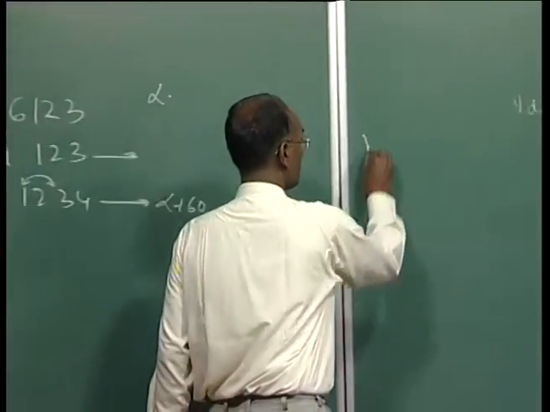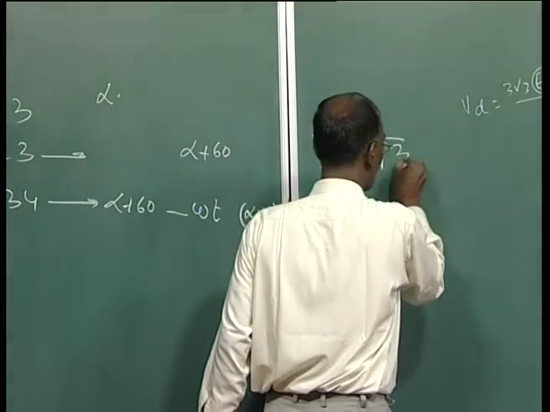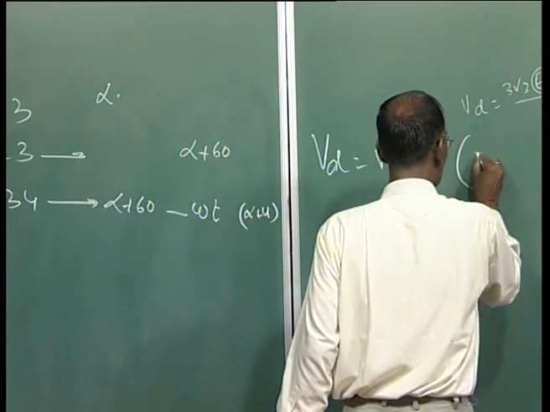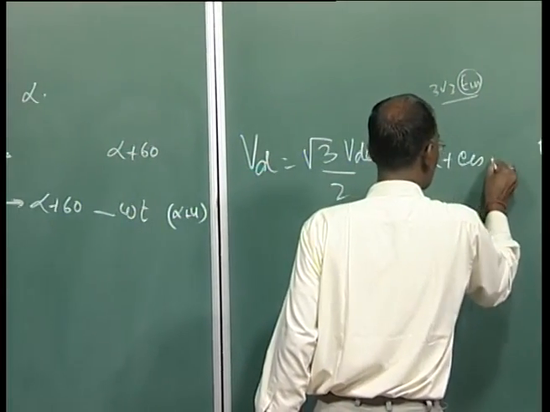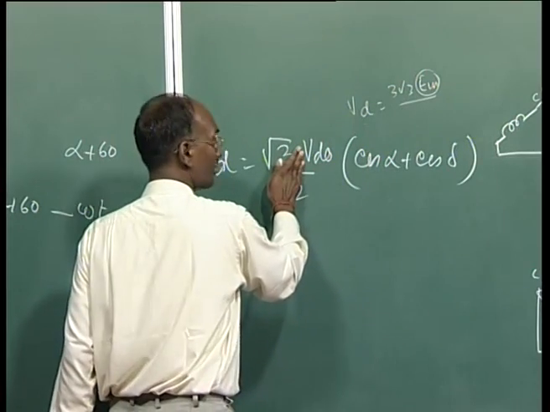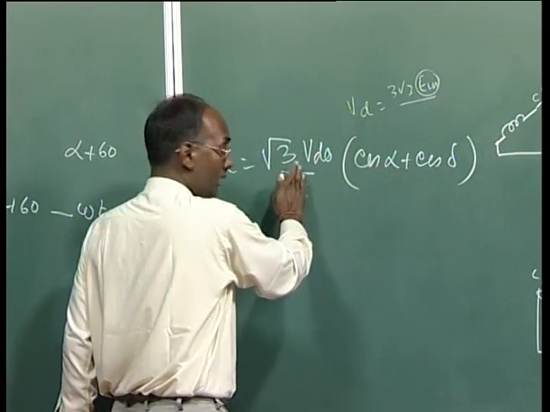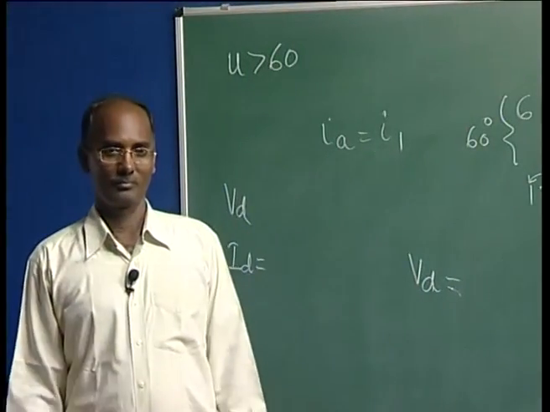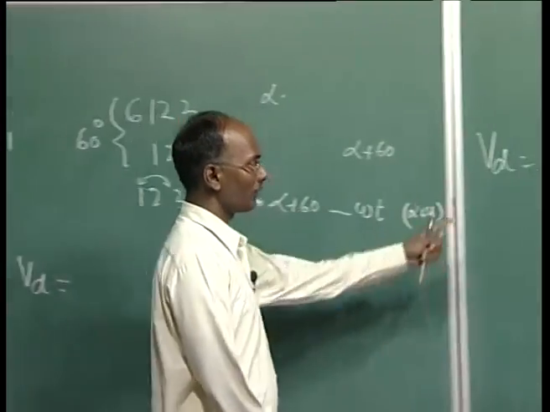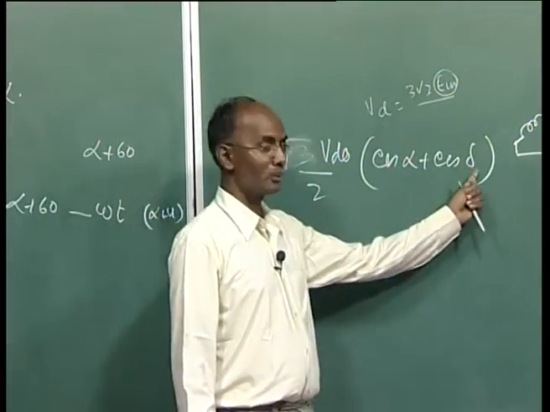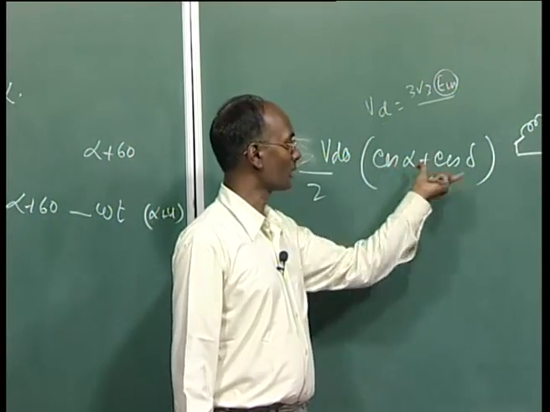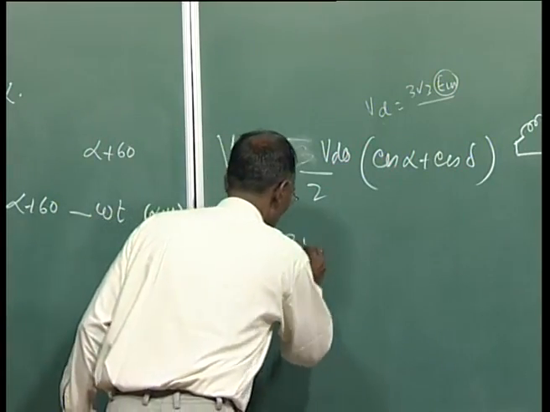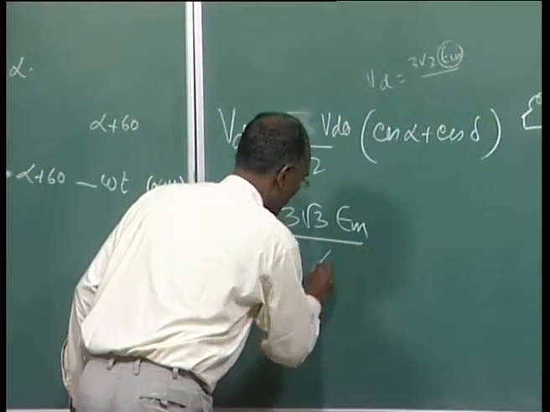If you remember, it was V D O by 2, cos alpha plus cos delta, it was not under root 3. Here V D U is the average of this, nothing else. If you put u equal to 0, you get 2 cos alpha and it cancels. But no doubt this V D O was 3 under root 3 E M over pi.